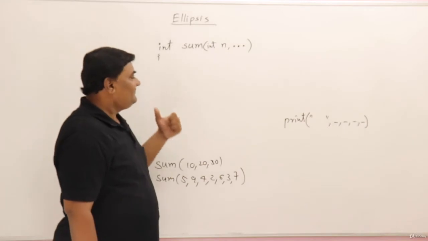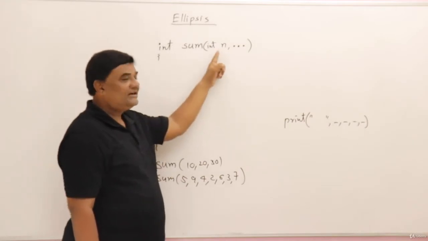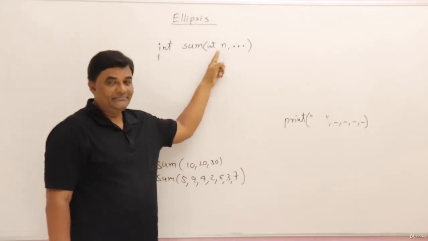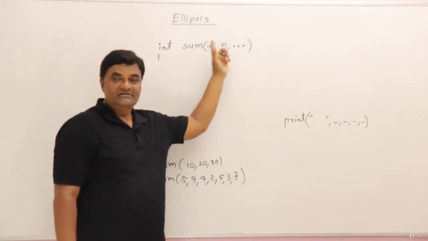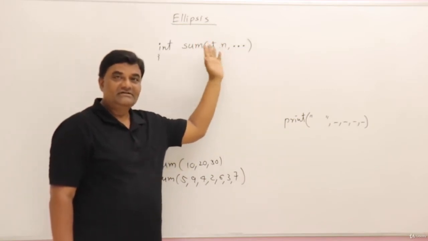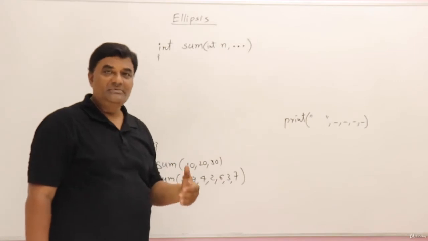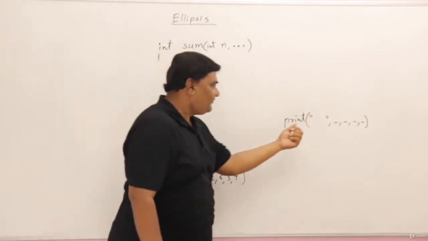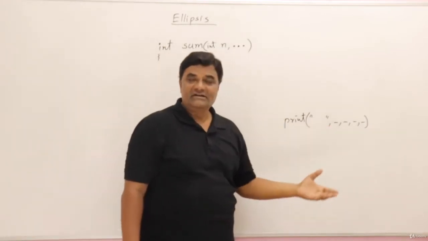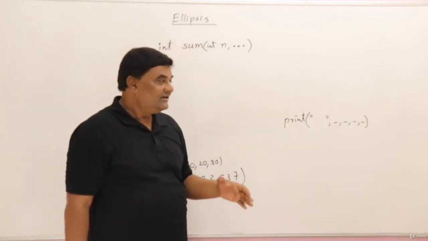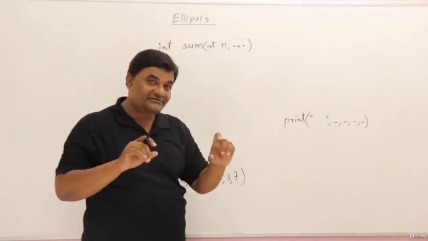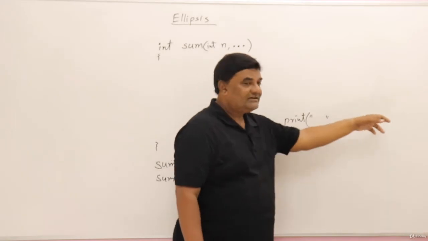Now usually what we do is we pass how many arguments we are passing as n, suppose 3 and 3 numbers, or 5 and then 5 numbers, or 7 and then 7 numbers. So we mention how many arguments are passed. Same way in printf also, here we write %d, %f or something. As many control characters as we have written there, that many parameters we can pass.